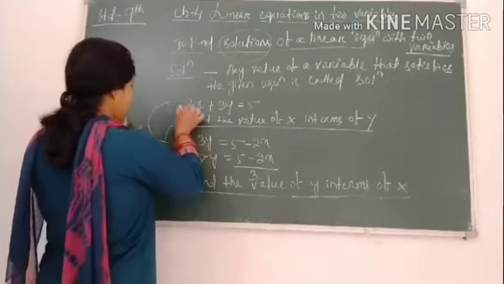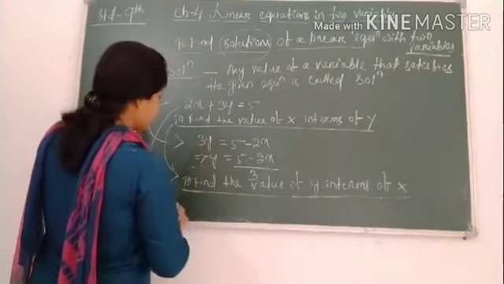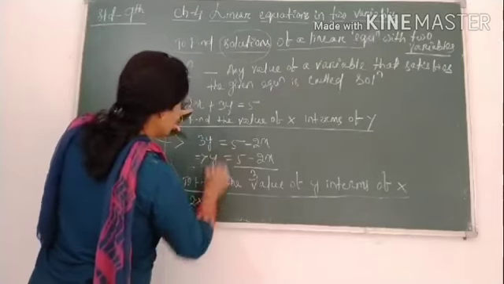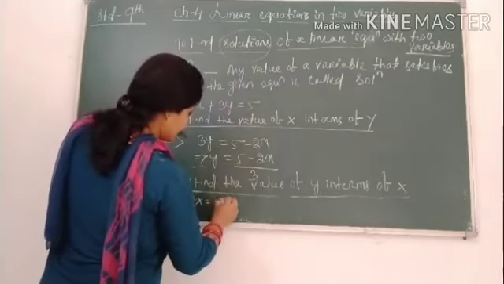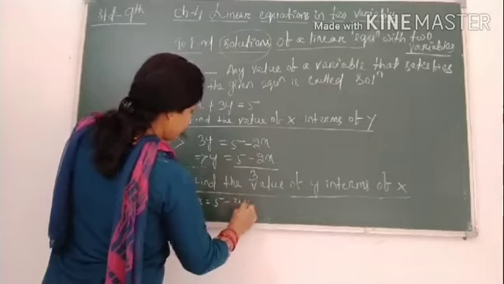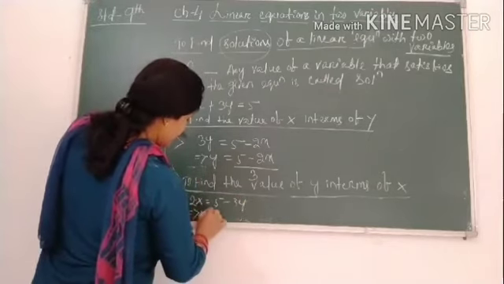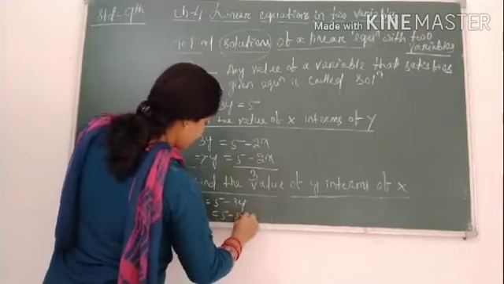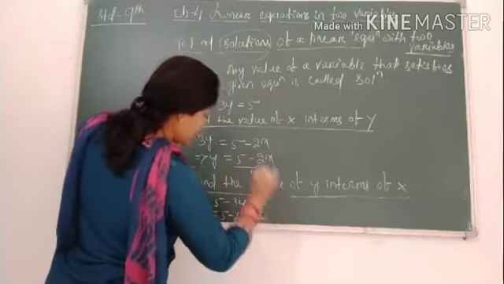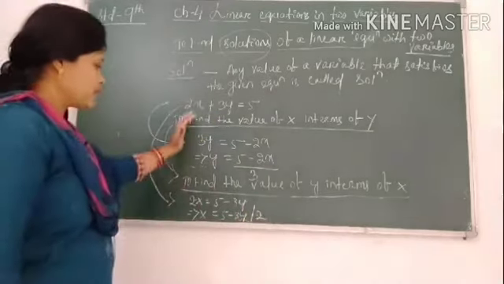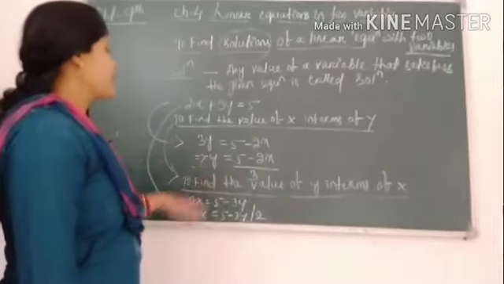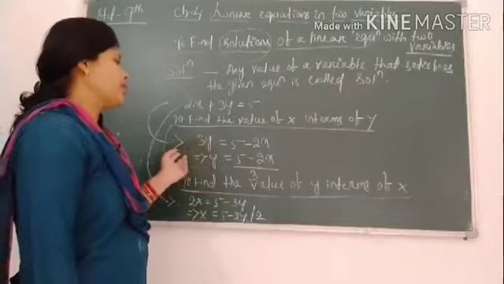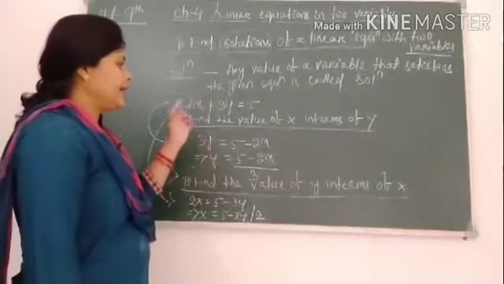So my equation becomes 2x, 3y will go to that side, 5 minus 3y, and x is your 5 minus 3y divided by 2. Okay, so in this way you can find the value of x in terms of y or the value of y in terms of x.